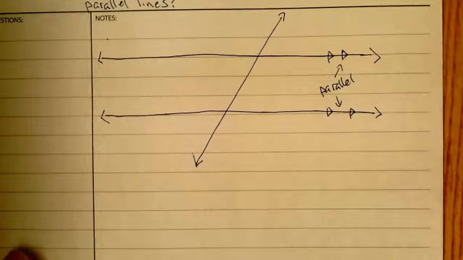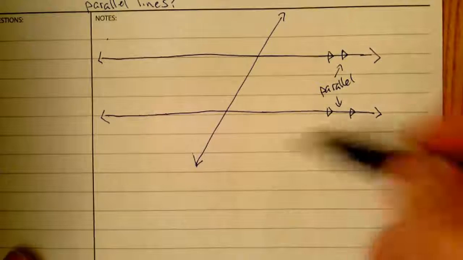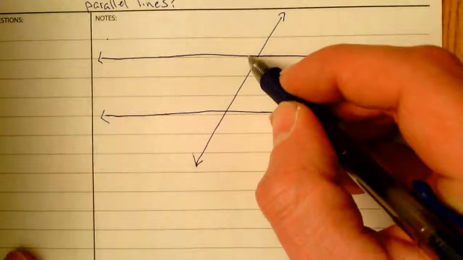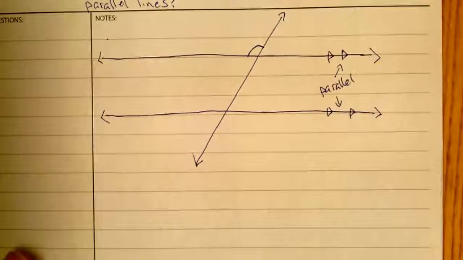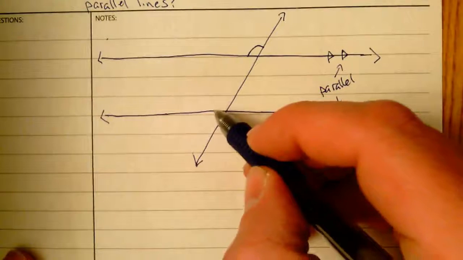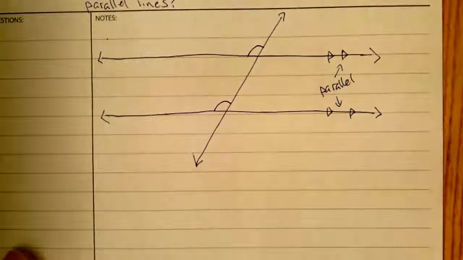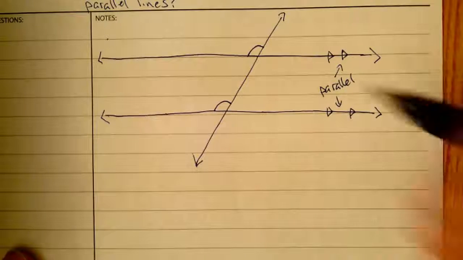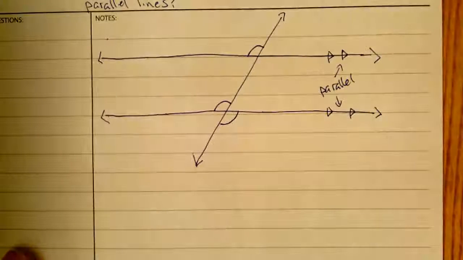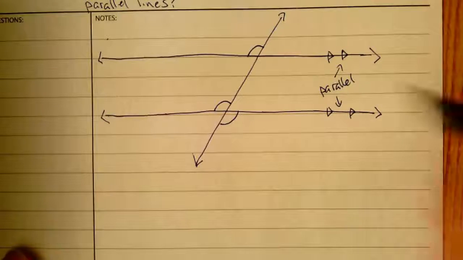Okay. Here's the trick with the transversal crossing parallel lines, with the special thing. This angle right here is going to be congruent to its corresponding angle. That only happens with parallel lines. Okay? And of course, since this angle over here is its corresponding angle's vertical angle, then they're congruent.